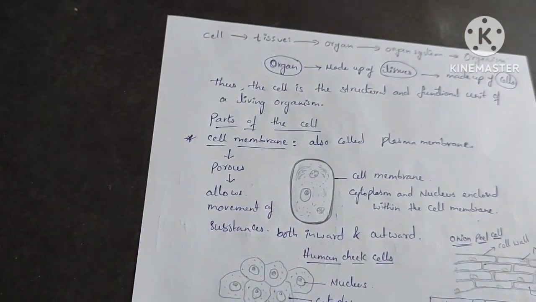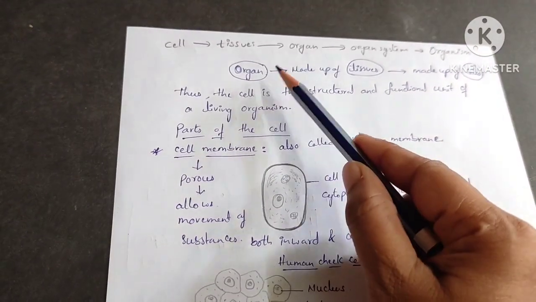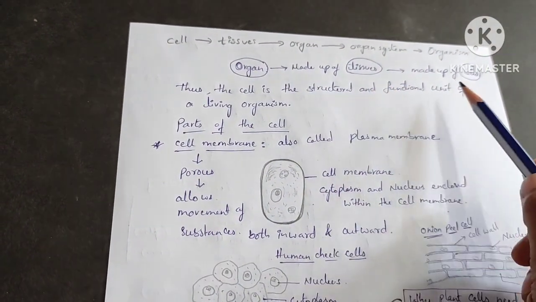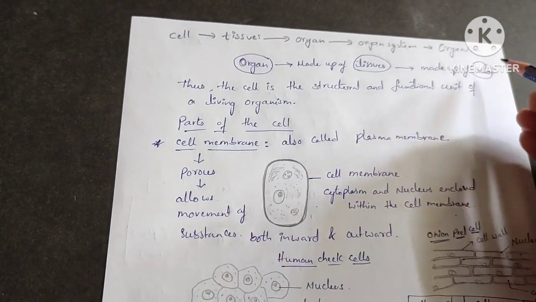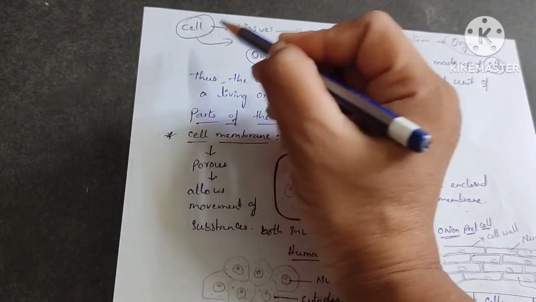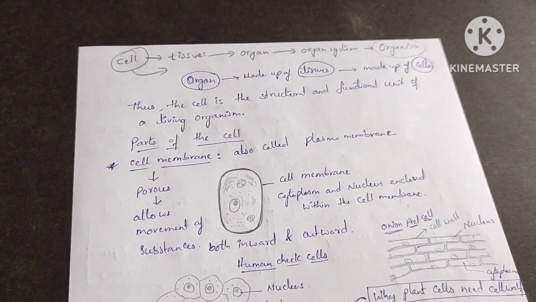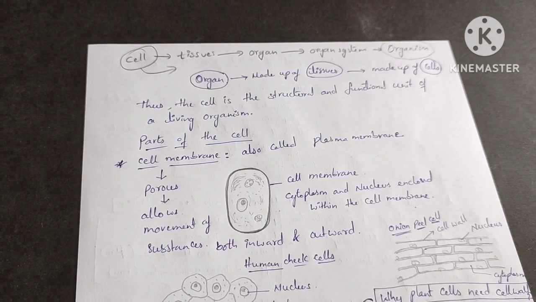So this is the order. Thus the cell is the basic structural and functional unit of living organisms. Every living organism is ultimately made up of cells.